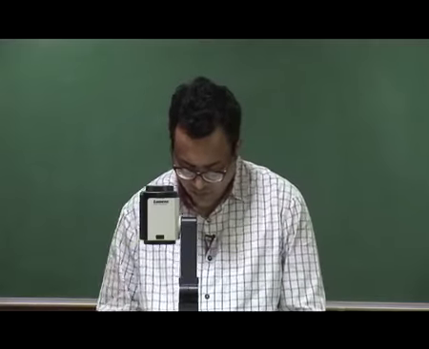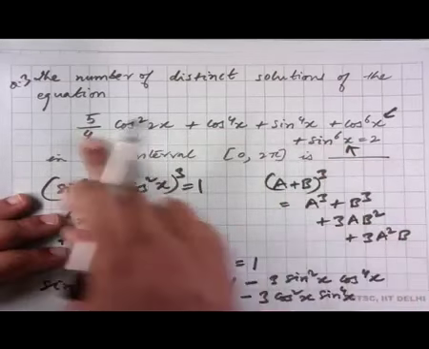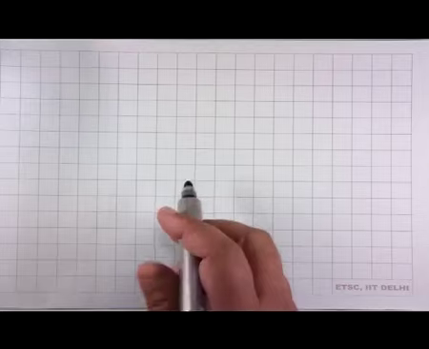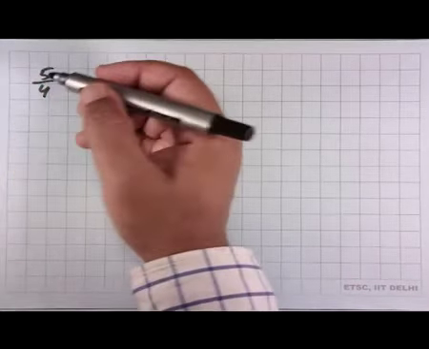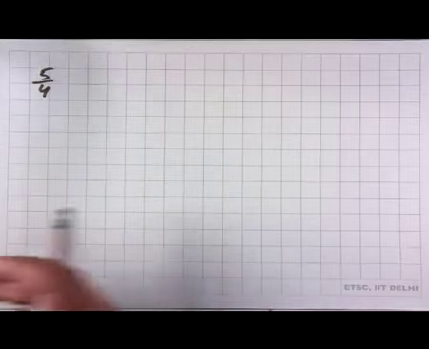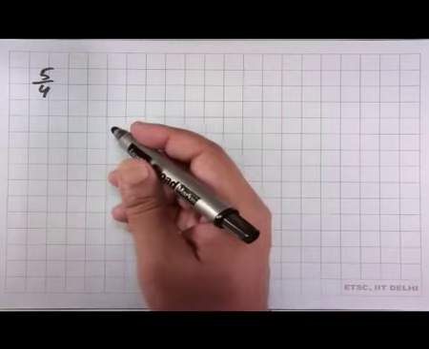So, now I am going to write an expression for the entire left hand side in this equation. So, the first thing is 5 by 4 times cos square of 2x.